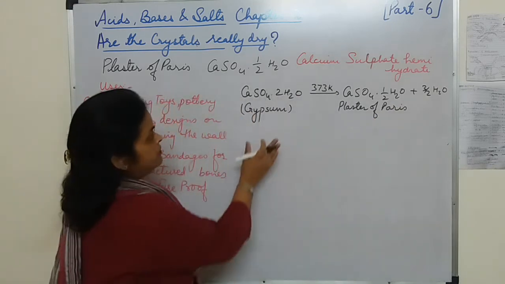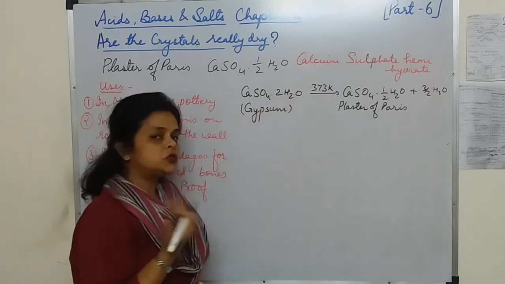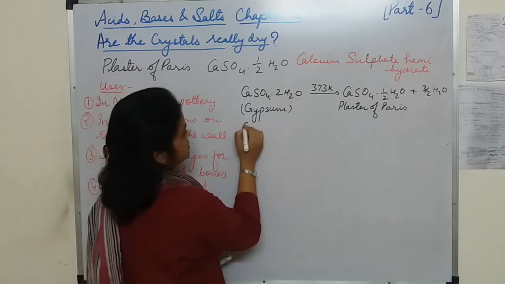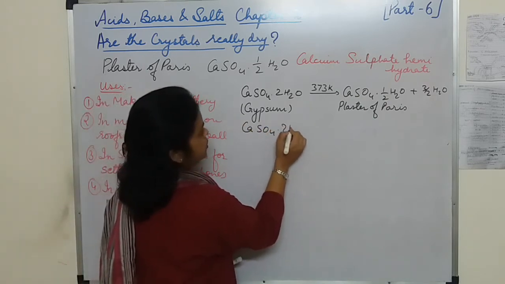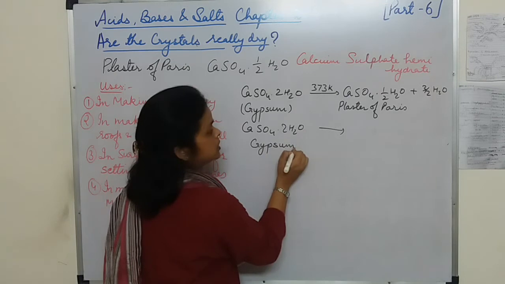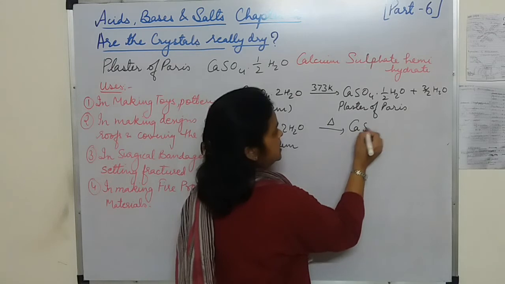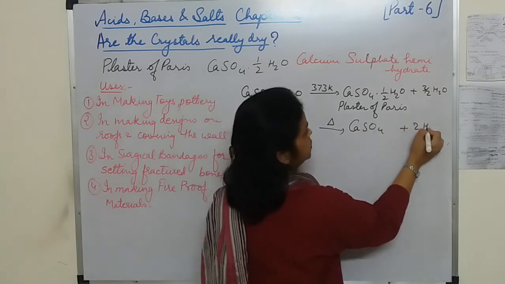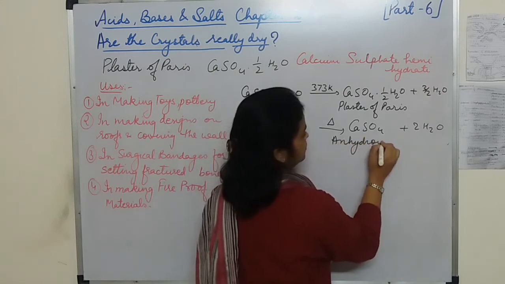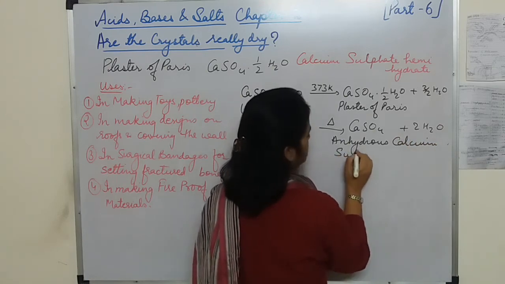Now, here one thing we have to notice: if the temperature is not controlled, then all the two water molecules will come out and you will get anhydrous calcium sulfate. Let's write that equation also. CaSO4 dot 2H2O, this is gypsum, when the heating is not controlled, that means it is heated at high temperature, forms CaSO4 along with 2H2O, and this is called anhydrous calcium sulfate.